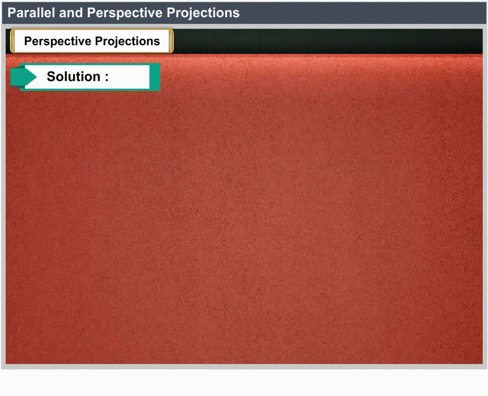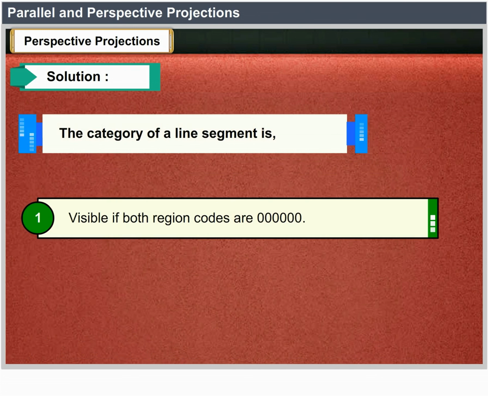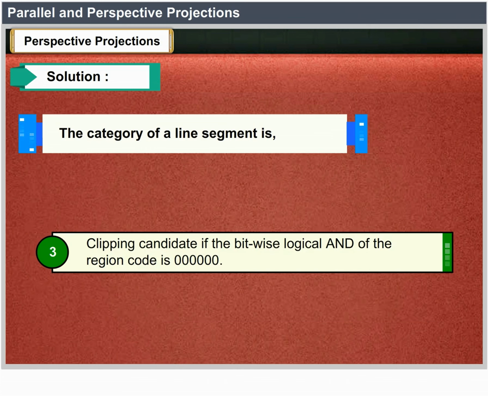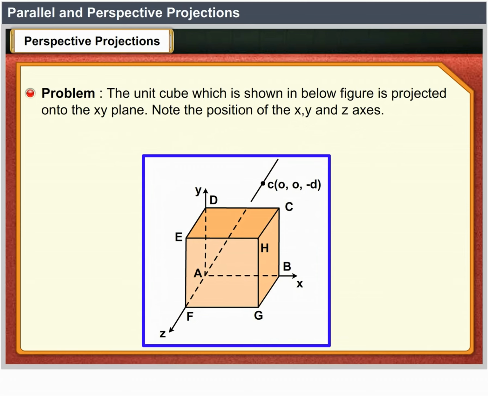The category of a line segment is visible if both region codes are 00000, not visible if the bitwise logical AND of the region codes is not 00000, and clipping candidate if the bitwise logical AND of the region code is 00000.